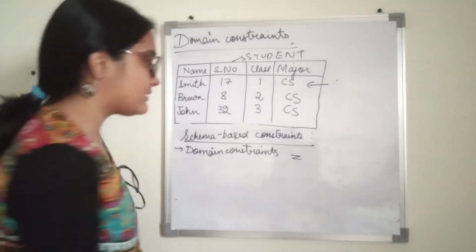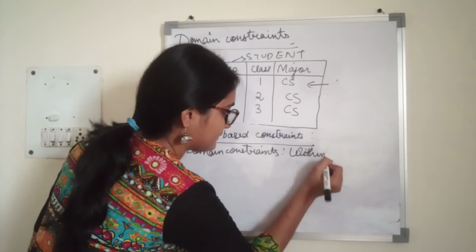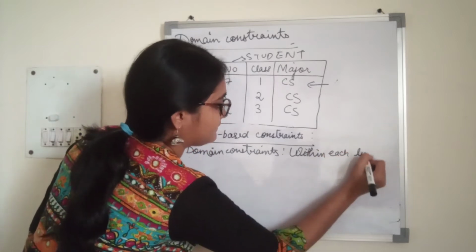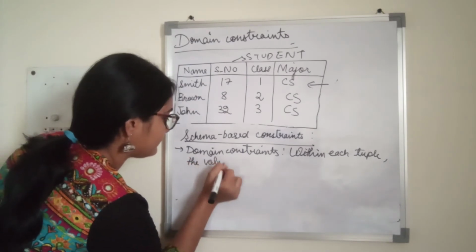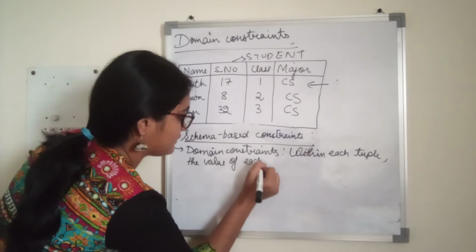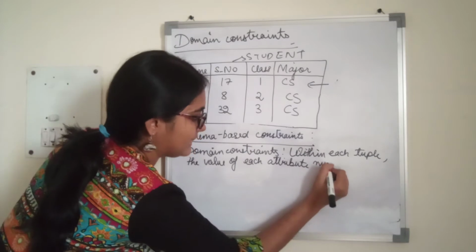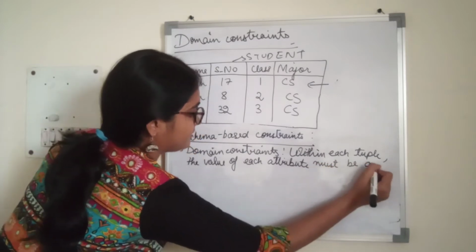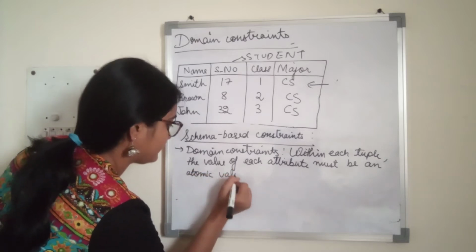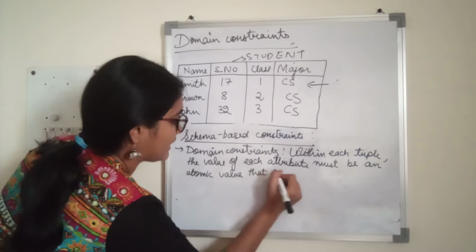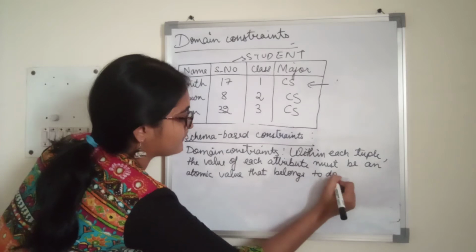So what is a domain constraint? Domain constraints specify that within each tuple, the value of each attribute must be an atomic value that belongs to the domain.